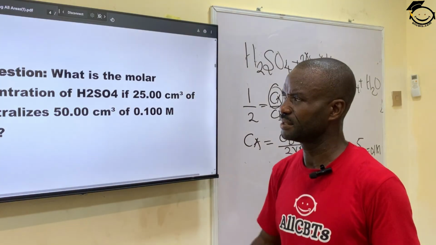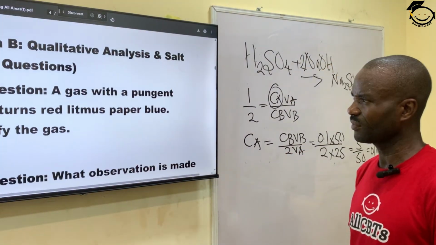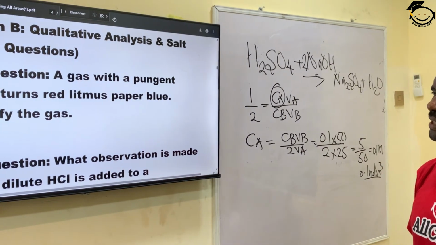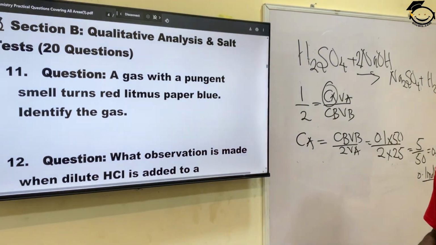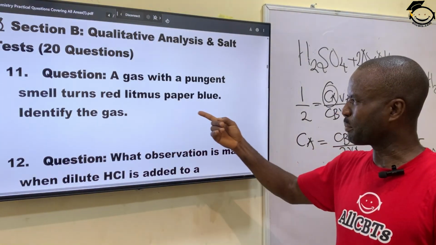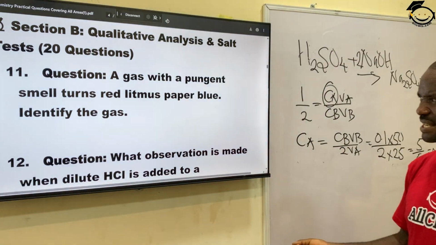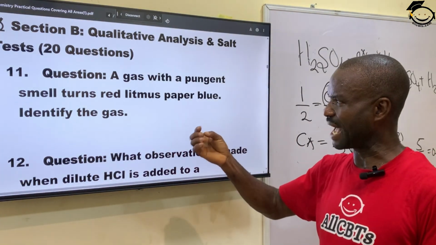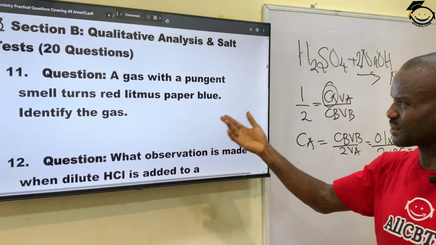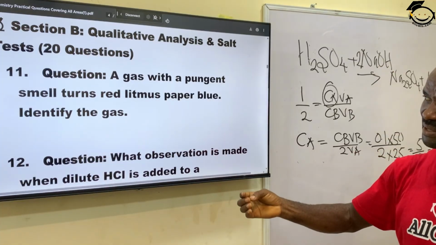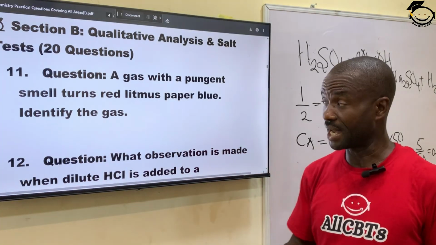Question 11. All right. 11 says that a gas with a pungent smell turns red litmus paper blue. Identify this gas. The gas that has a pungent smell and turns red litmus paper blue is called ammonia gas.